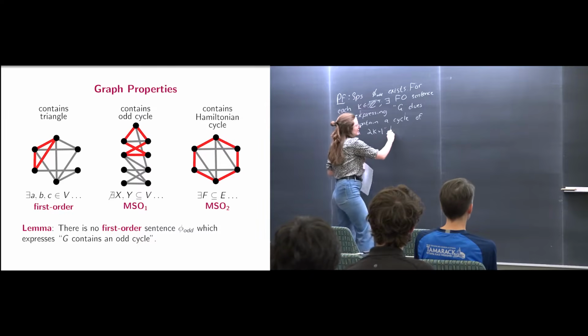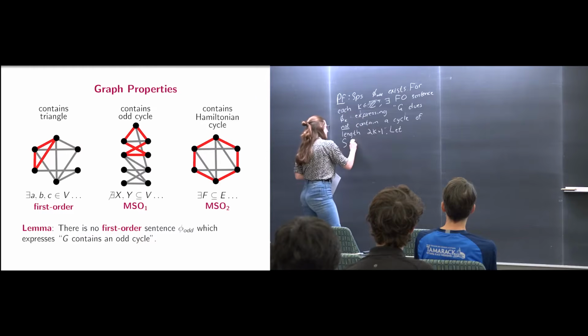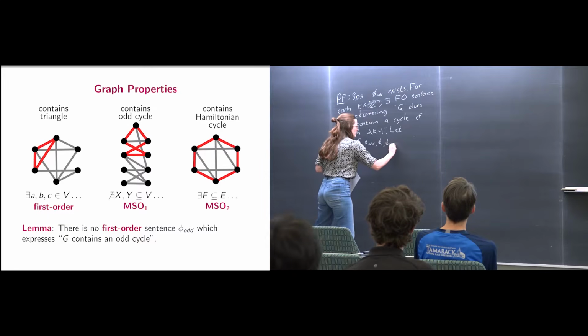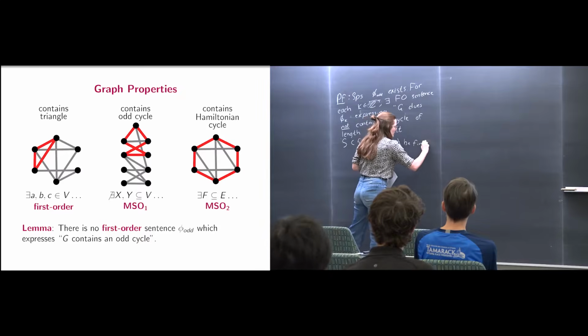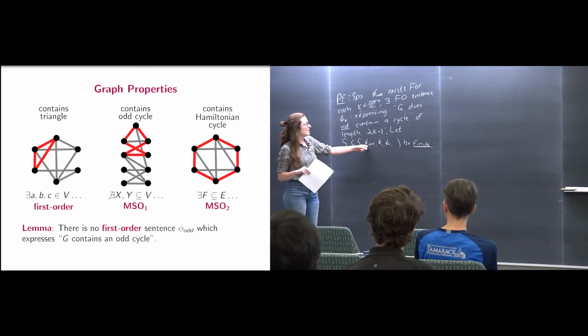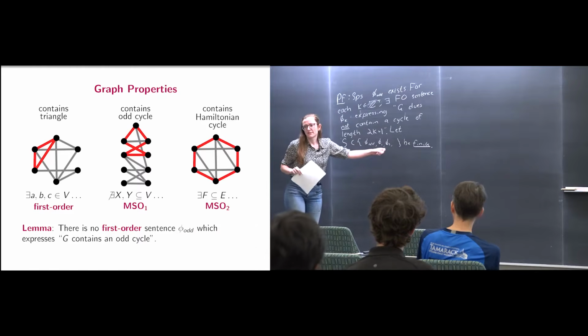And now let's consider a finite set of these sentences. So a finite set of the sentences saying, I have an odd cycle, but I don't have an odd cycle of length 3. I don't have an odd cycle of length 5.